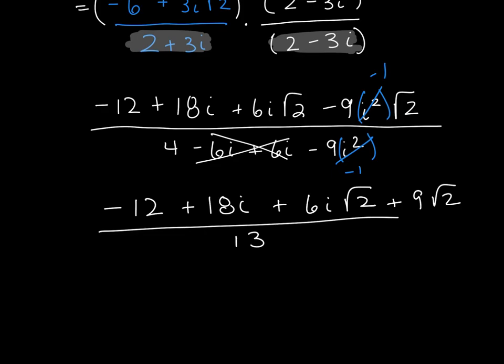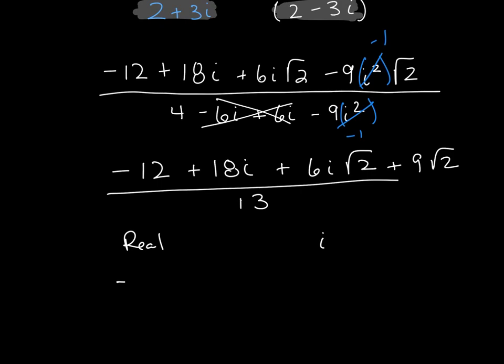To write that as a real portion and then my imaginary portion, it would just be negative 12 over 13 plus 18i plus 6i square root of 2, plus 9 square root of 2.